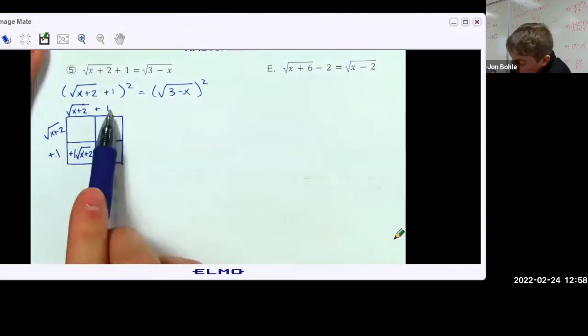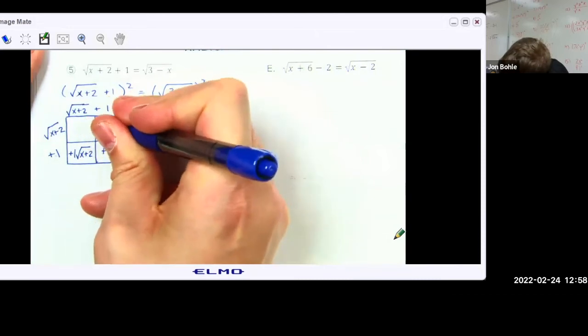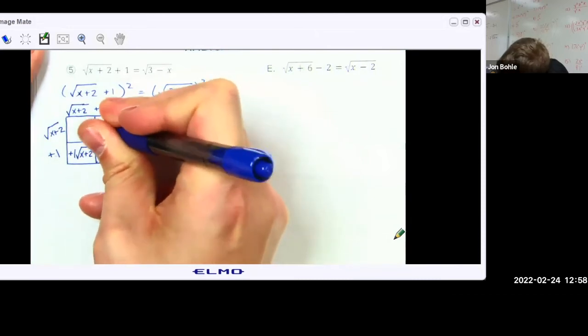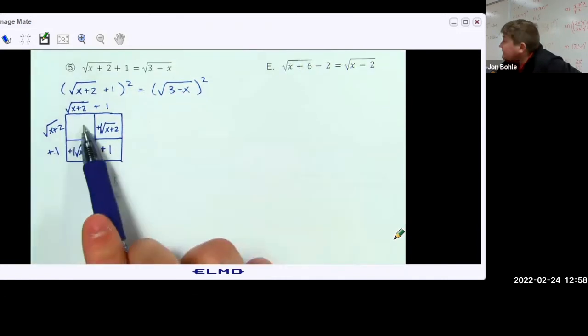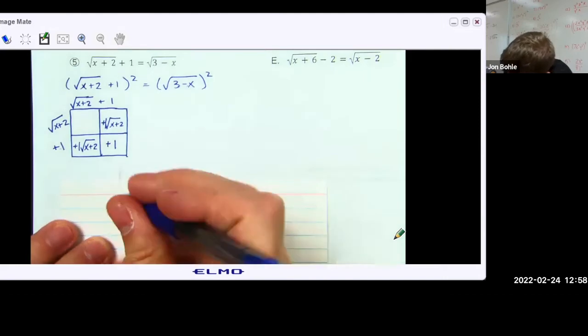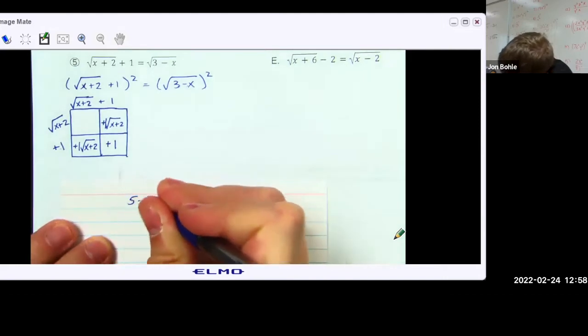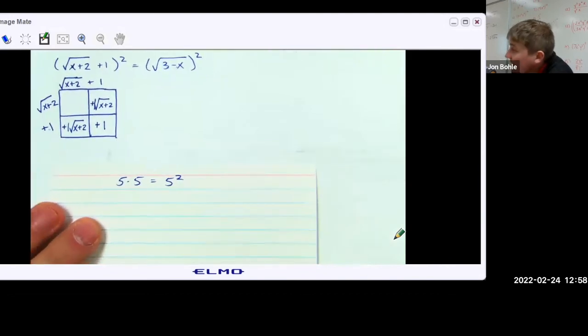And you may have noticed that that same thing's going to happen here. 1 square root of x plus 2. Now what happens here? The square root of x plus 2 times the square root of x plus 2. So if I take 5 times 5, that's the same as 5 squared, right? Do we agree with that?